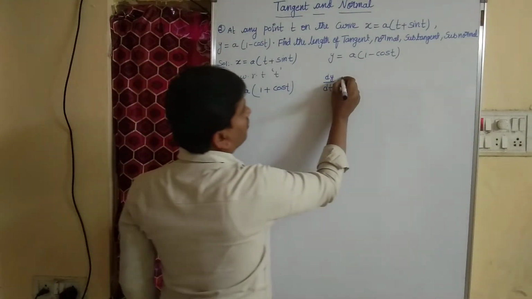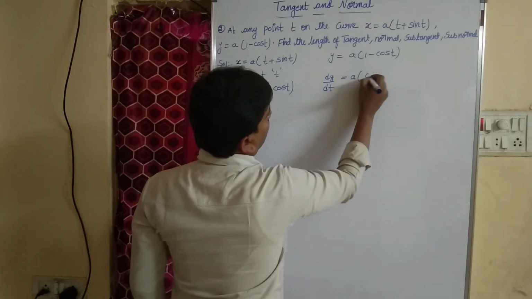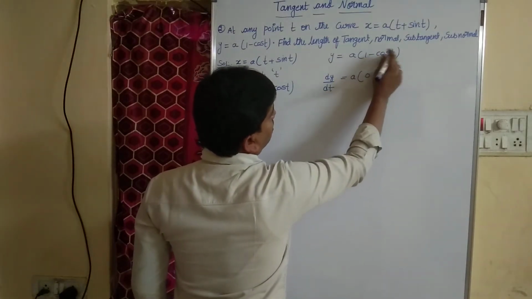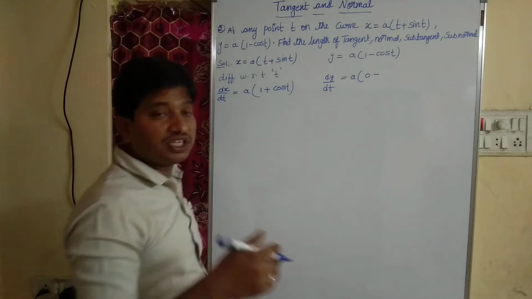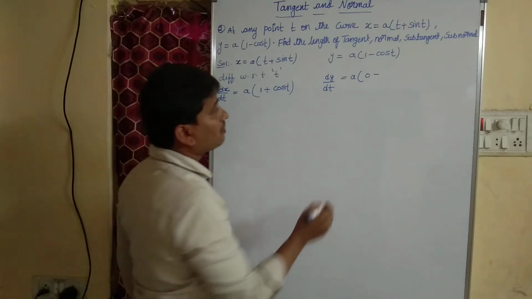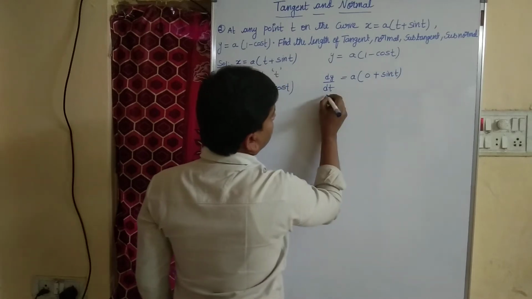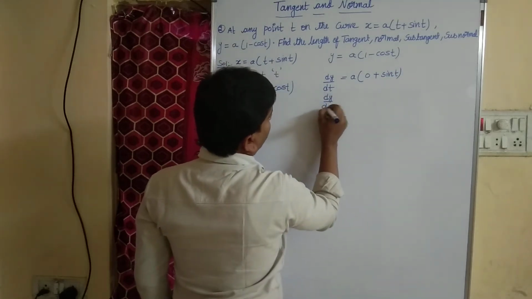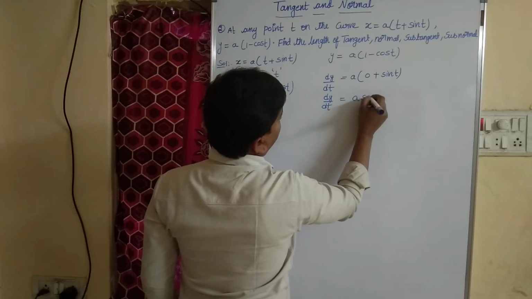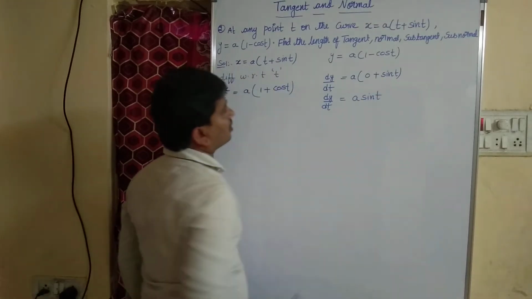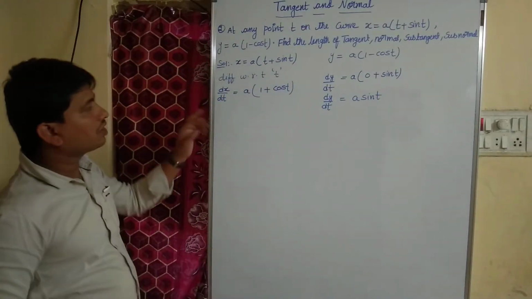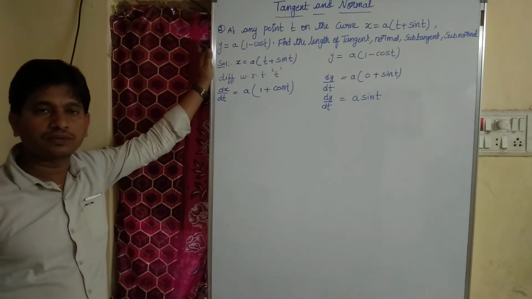Dy by dt equal to, a is constant, differentiation of 1 is 0, minus, as cos t derivative is minus sin t, so minus into minus will become plus, children. So dy by dt equal to a into sin t.